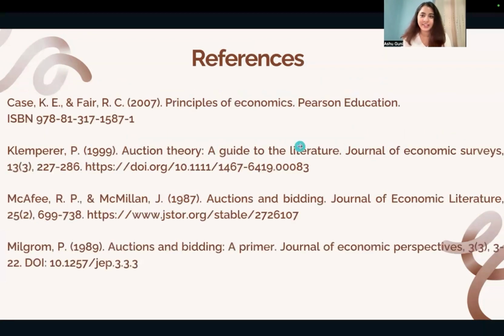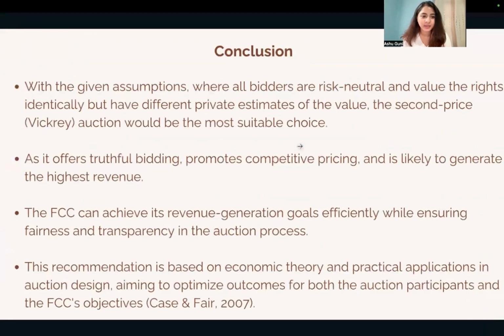So I have also taken this as a reference for the recommendation. This recommendation is based on economic theory and practical applications in auction design, aiming to optimize outcomes for both the auction participants as well as the FCC's objective. So both of the parties' outcomes are optimized this way.